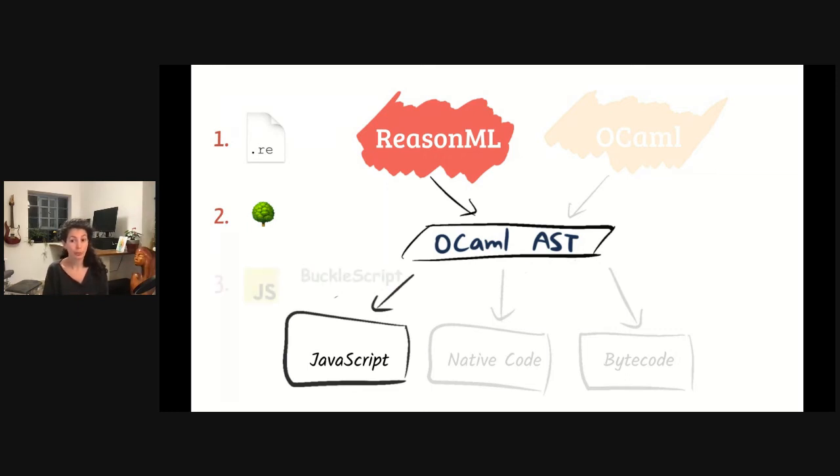Three, type check and compile the AST to produce JavaScript code. You can do it with BuckleScript. And last, bundle the JavaScript code to produce static assets you can use on the web or in Node.js with any tool you choose. Webpack is just one of them. So if you're writing ReasonML, you really don't see OCaml code at all. And the JavaScript that comes out the other end is quite readable and pretty optimized.